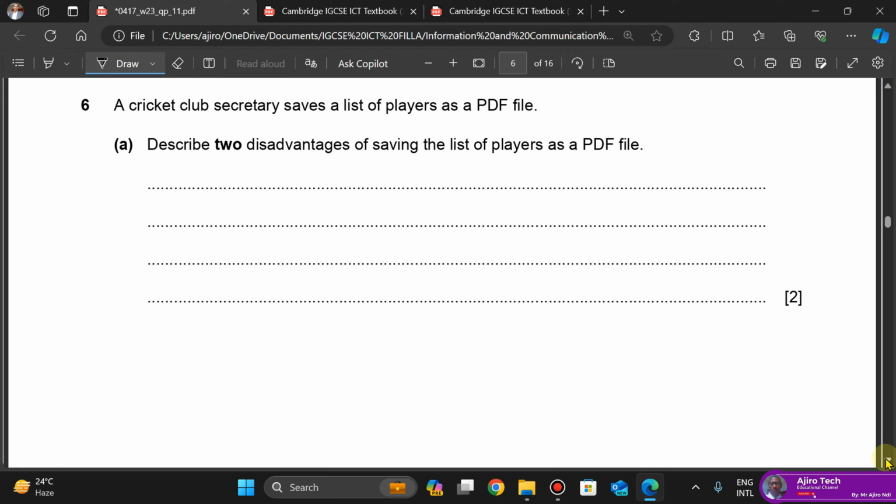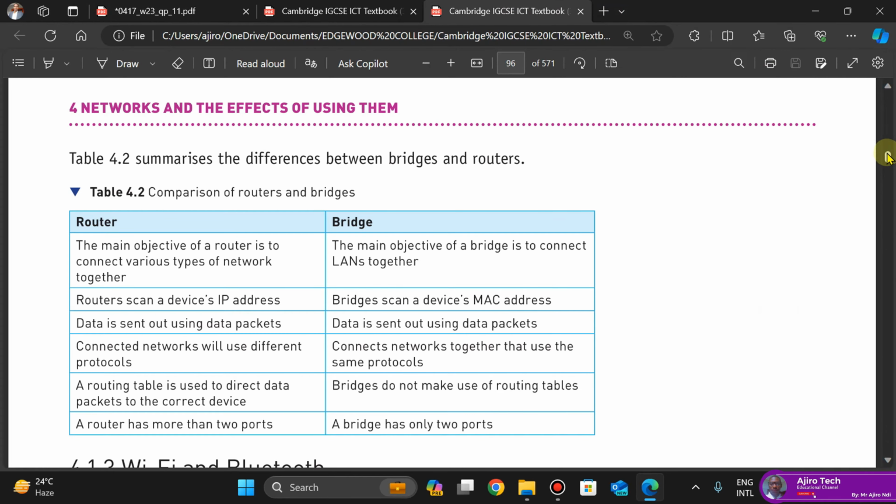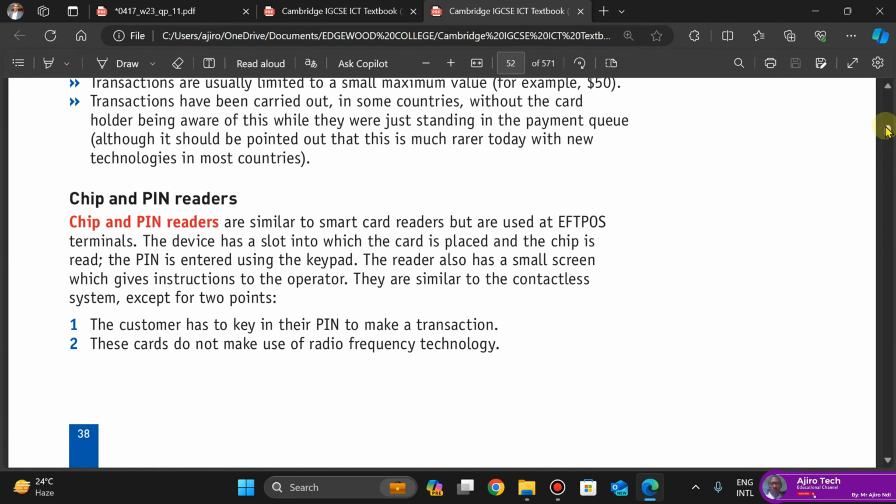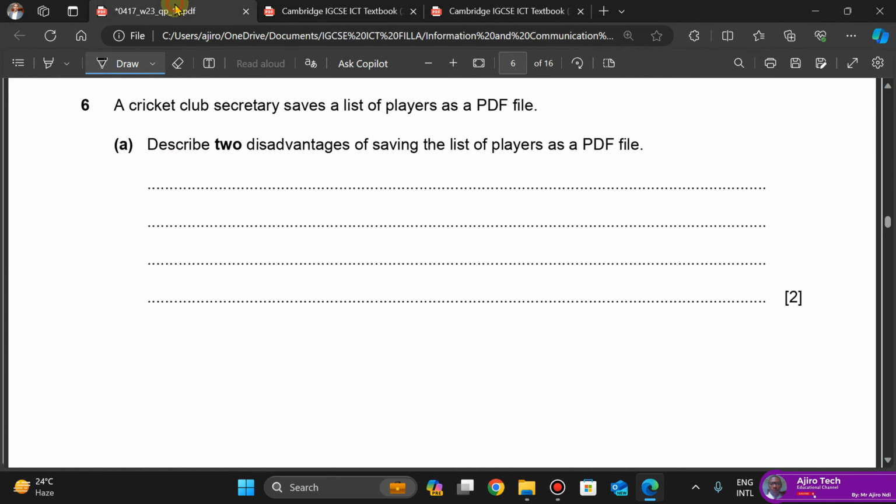Describe two advantages of saving the list of players as a PDF file. So let's look at this. Let's go to chapter 11. So this is chapter 11. Let's look at it.